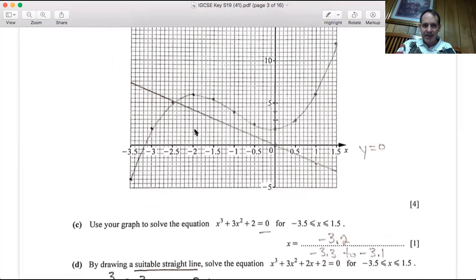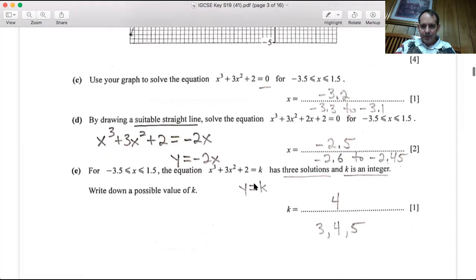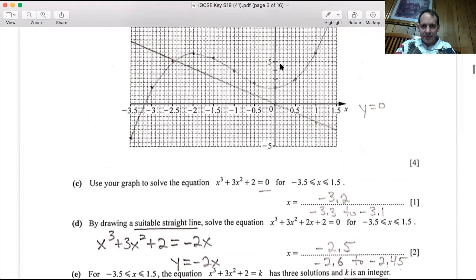So between this top part and this bottom part here, all of this in here is going to have 3 intersecting points. So notice 5, 4, and 3 could have 3 intersecting points. For example, look at 5.